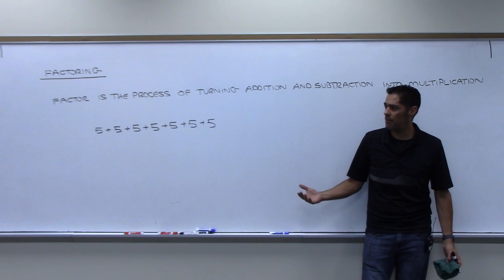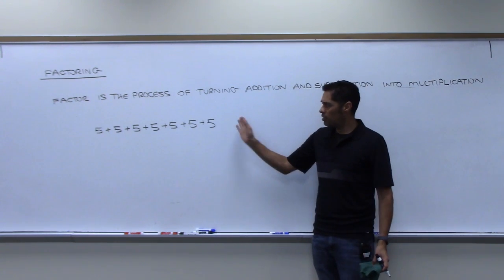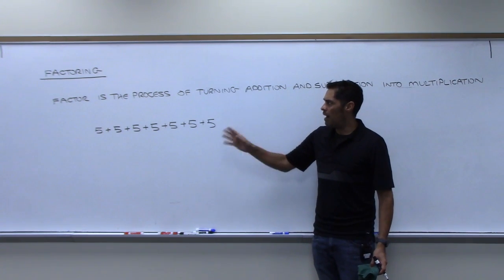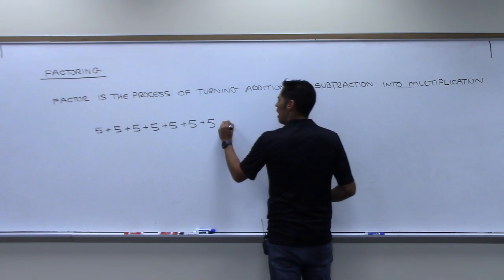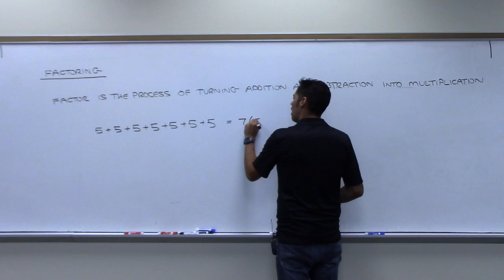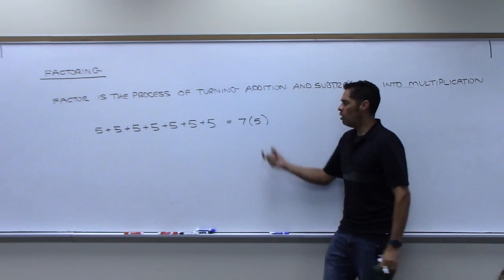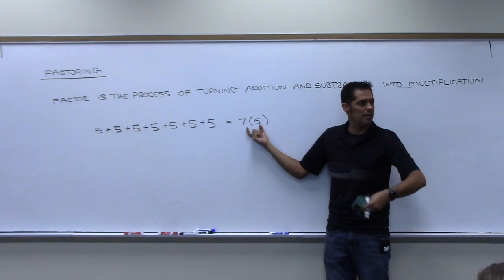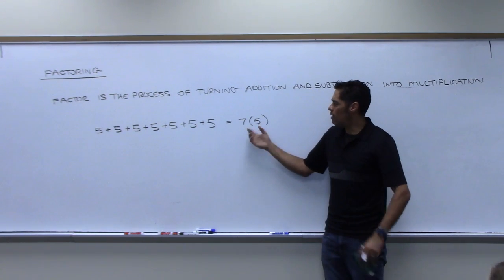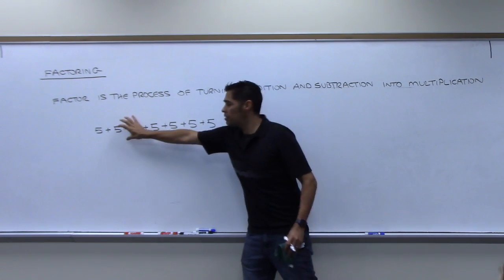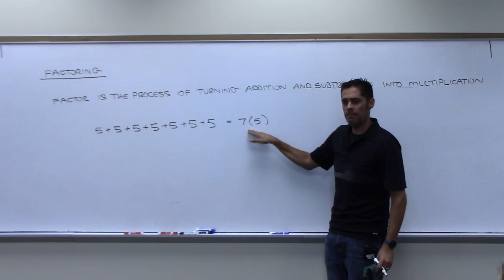That should be 35. So I could do 5 plus 5 in my head 7 times, or I could realize that this is the same as 7 times 5, right? Multiplication is actually a way of writing repeated addition. So what I want you to see is we have turned addition into multiplication, haven't we?